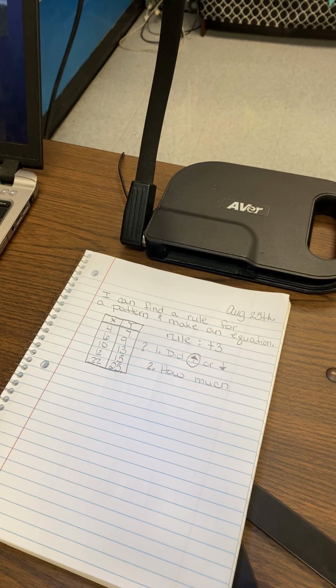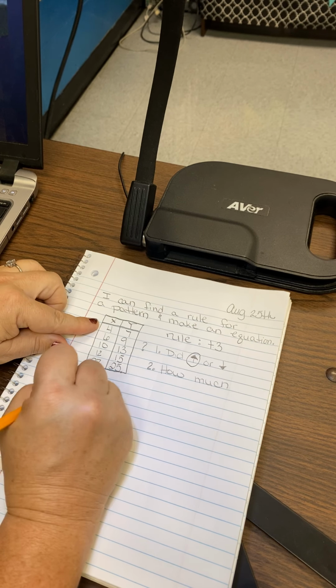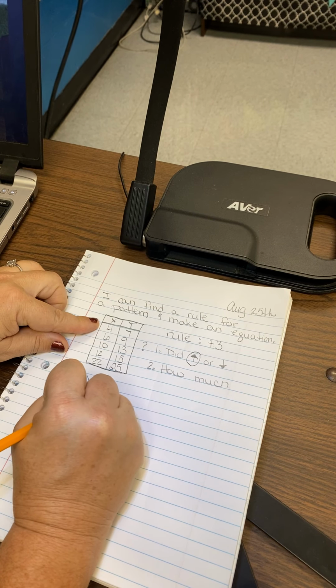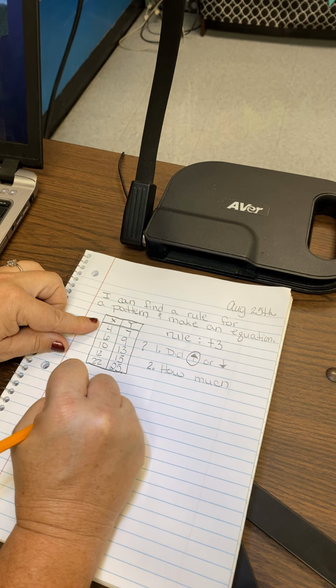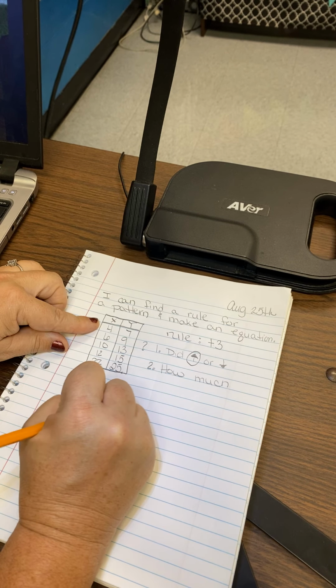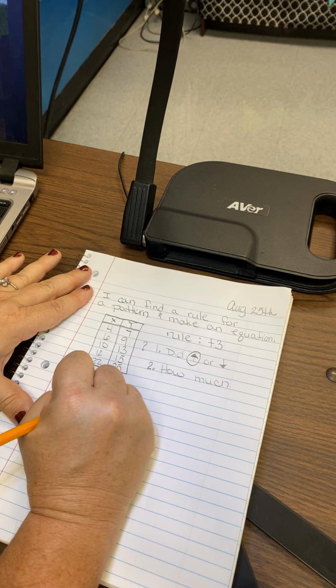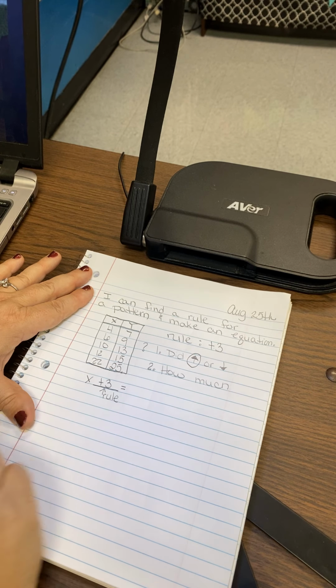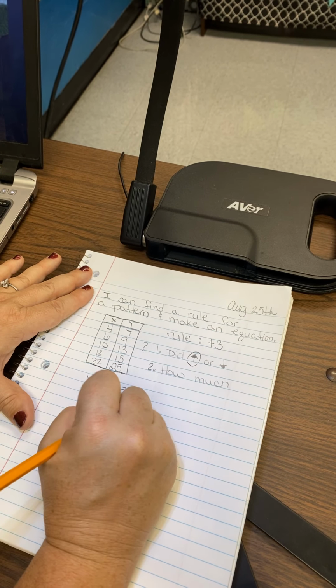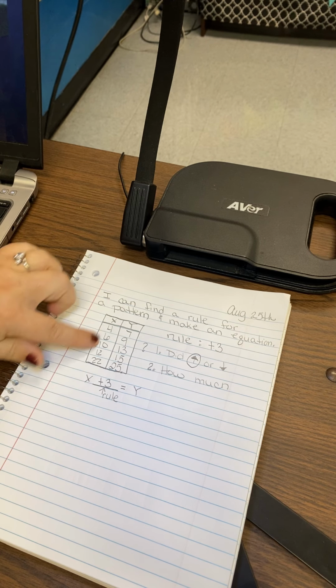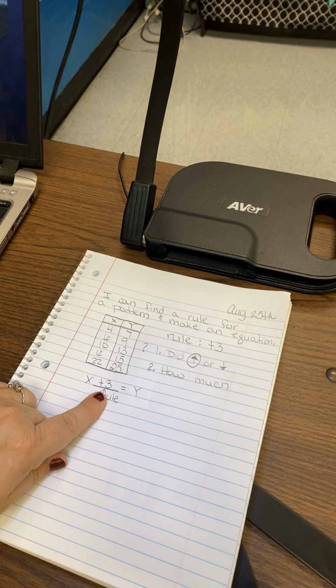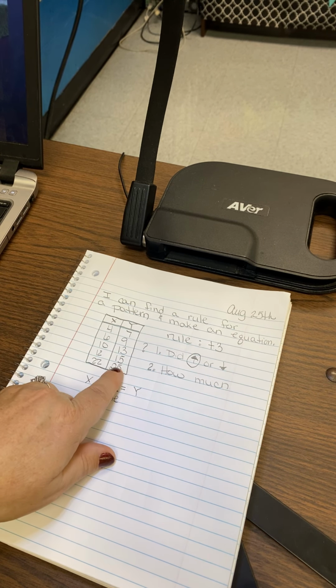So what I did is I took my x and put my rule after x, so that happens to be plus 3 in this one, equaled y. Because whatever x was, plus 3 gave me my y.